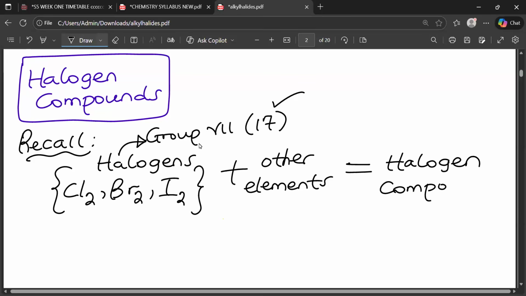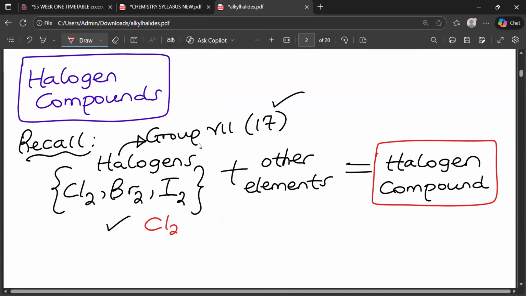After these halogens combine with other elements, what they form is what we call the halogen compounds. And you need to know if it is Cl, the halogen compound we form is what they call the chloride.